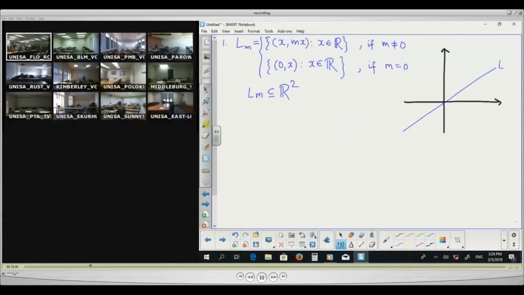So these are nothing else but lines through the origin. Okay, these are all subspaces. Okay? These are all subspaces over R. All right? So let's see.